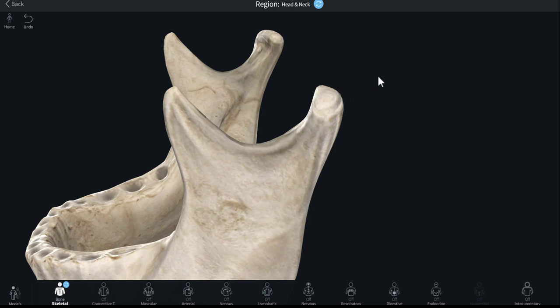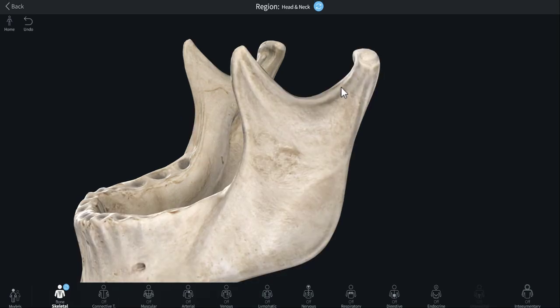The head of the condylar process is covered by the fibrocartilage which forms the temporomandibular joint with the temporal bone.